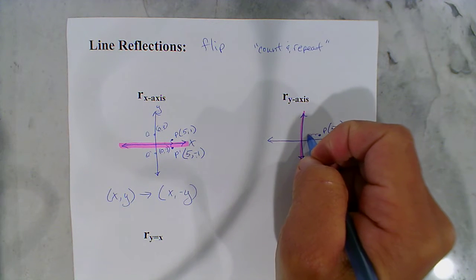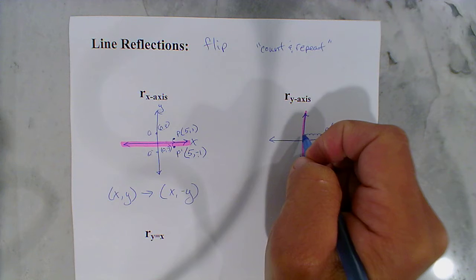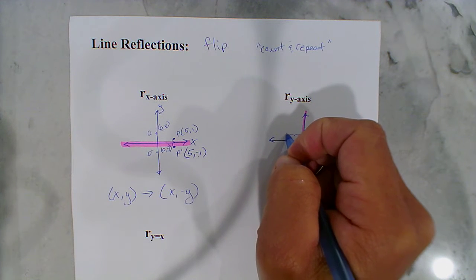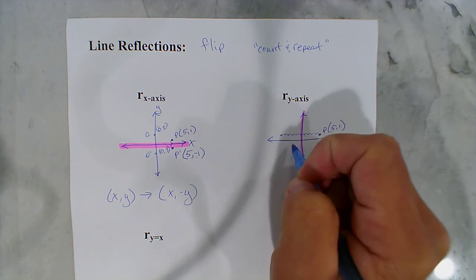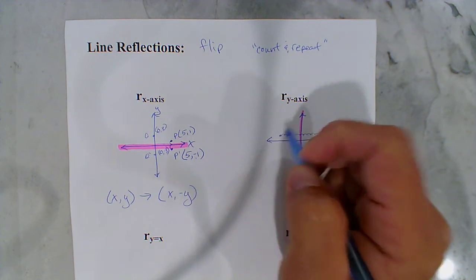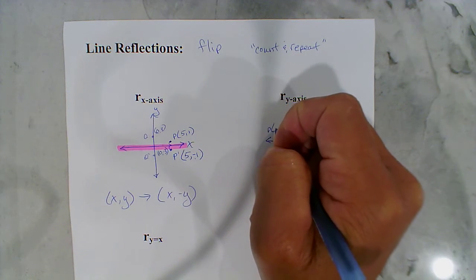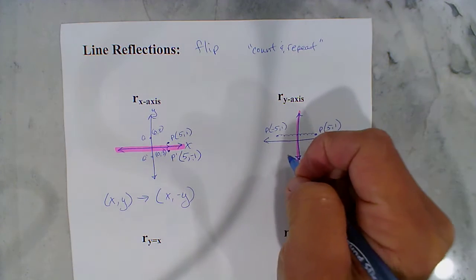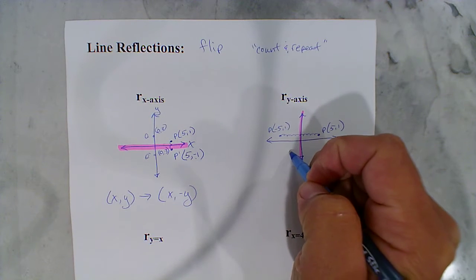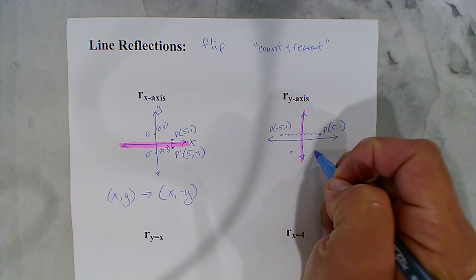So you go 1, 2, 3, 4, 5 to get there, and you repeat 1, 2, 3, 4, 5. If this is 5 up 1, it's still up 1, but now you're 5 on the other side. Your point P here would be (-5, 1). Same thing if I was over here on the negative side, I would count 1, 2, 3, and it would turn positive.